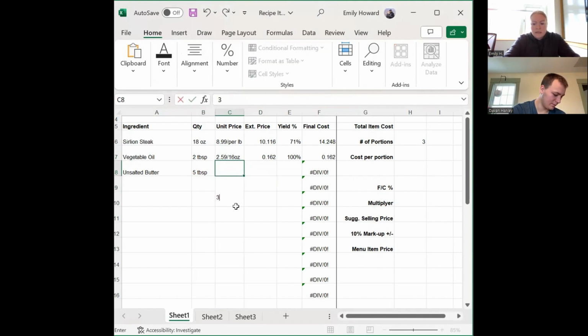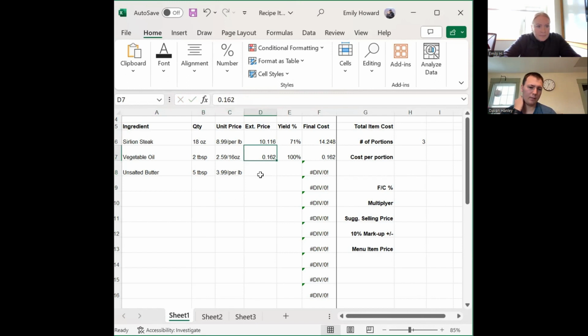Okay, so it's $3.99 per pound. It's 16 ounces also. Do I just do for 16 ounces like the other one, or should I put per pound? I would probably put per pound because butter is traditionally sold by weight, and it's not fluid ounces. If that makes sense.